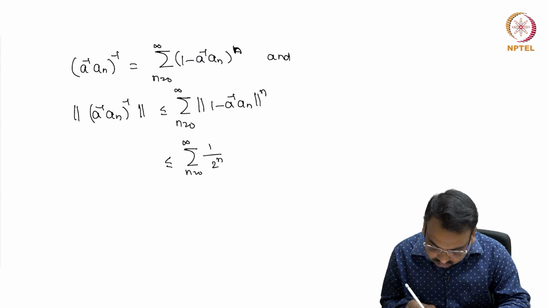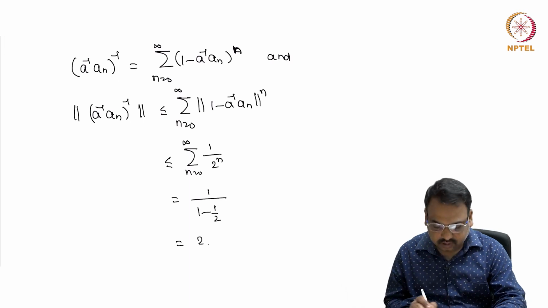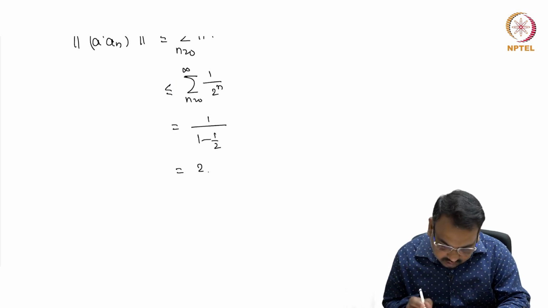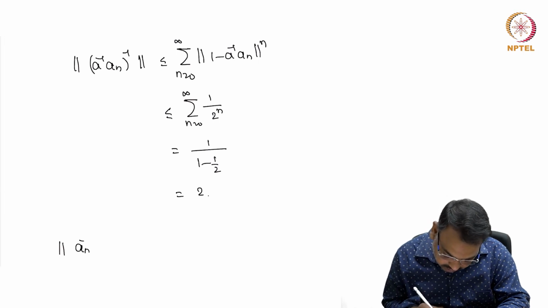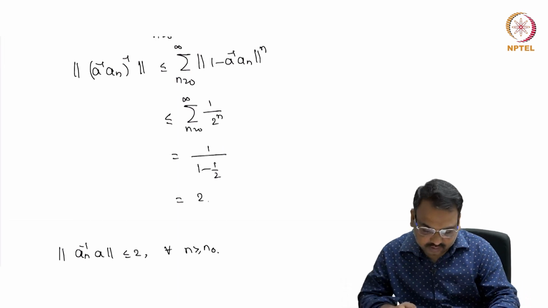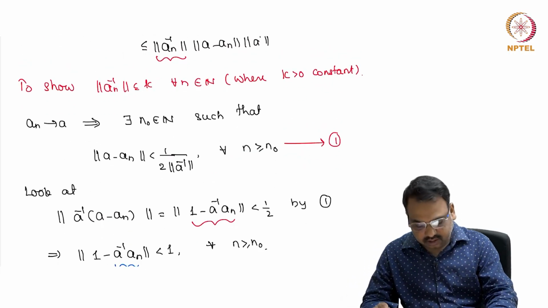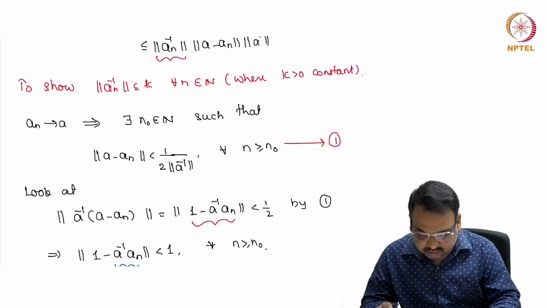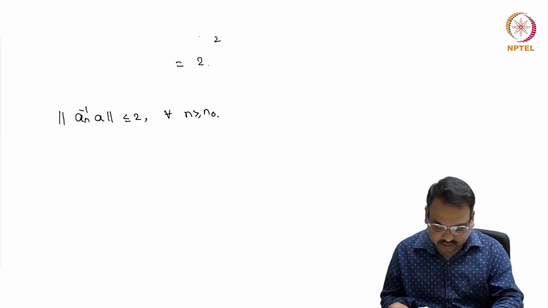So this is nothing but 1 by 1 minus 1 by 2, that is 2. So we have concluded that norm of A_n inverse A is less than or equal to 2, and this is true for every n bigger than or equal to n naught, because from the beginning we are saying that by inequality 1 norm A minus A_n is less than 1 by 2 times norm A inverse after nth stage. So the same thing we are carrying on.